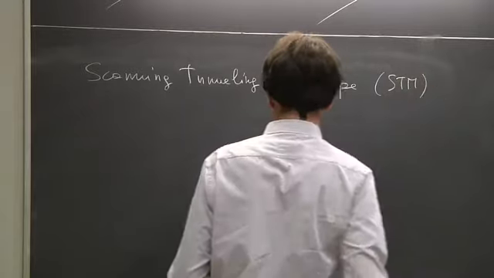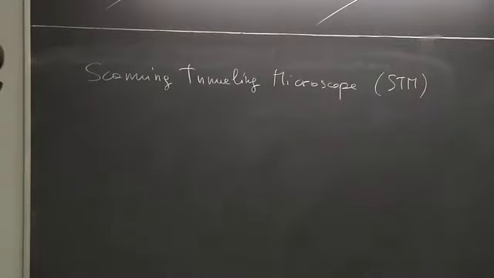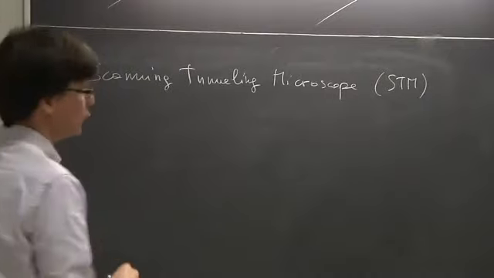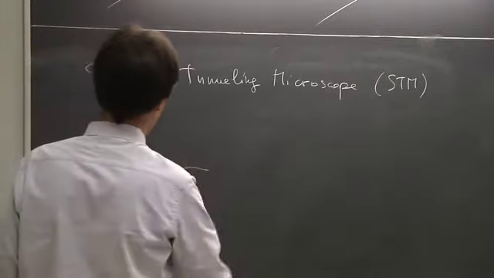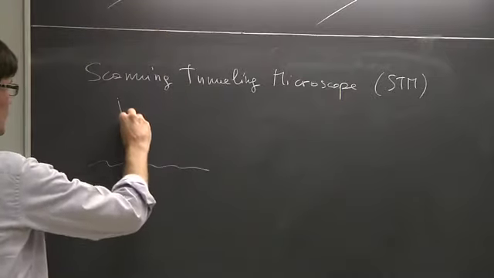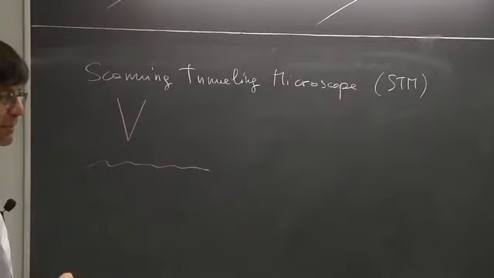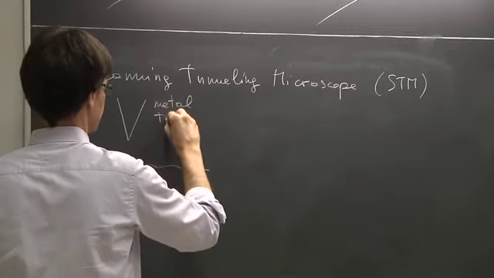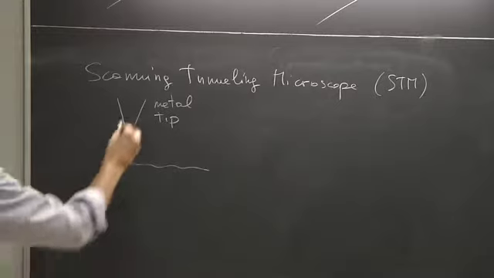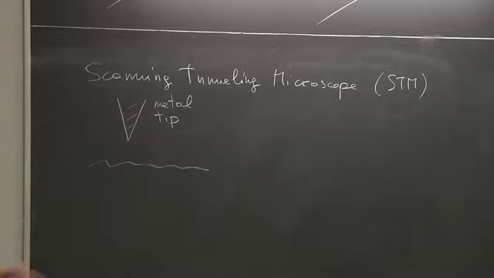STM. What is an STM? The STM is essentially a way to probe a material, if you have a material here, by coming close to it with a metallic tip. So you have a tip made of metal. And that's your probe. This is your sample.